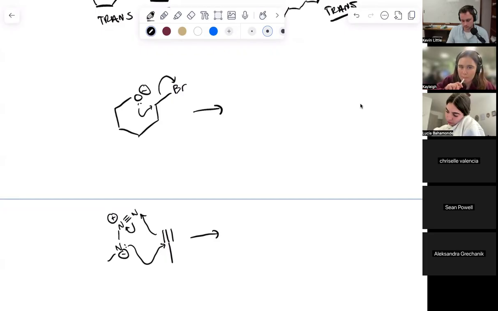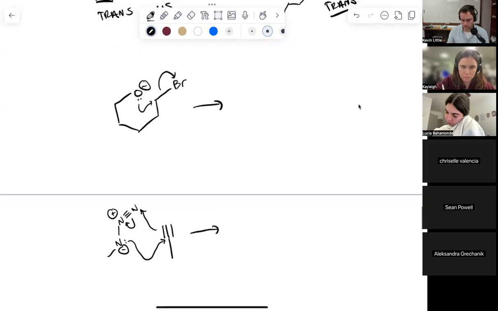If it's pointing at a carbon, it's going to add a lone pair. It depends. But in this case, a lone pair pointed to an atom means a new bond is going to form between those two things. Oh, so it'll be three total branches. I see what you're saying.